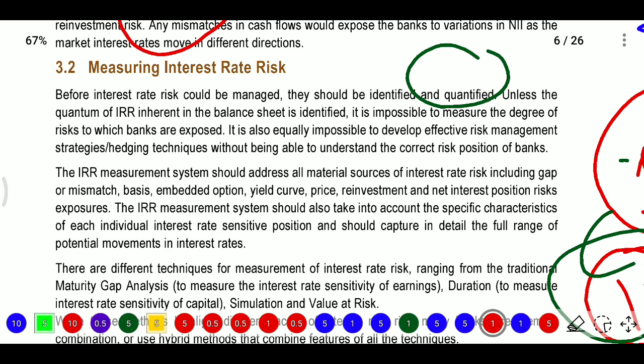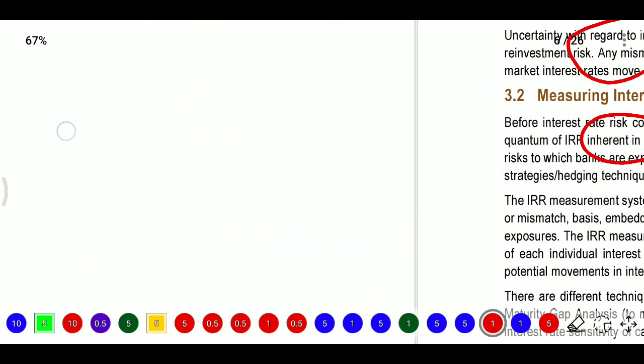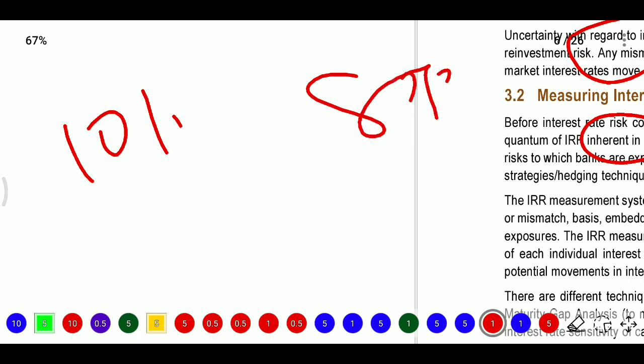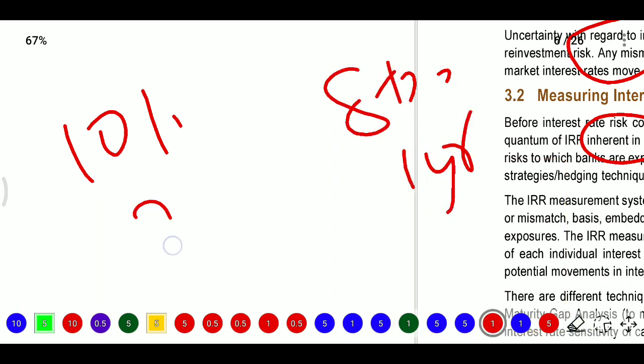It is impossible to measure the degree of risk to which banks are exposed, so it is not easy to identify. For example, one bond is giving 10% and another bond is giving 8%. One is a 1 year bond and the other is a 2 year bond.